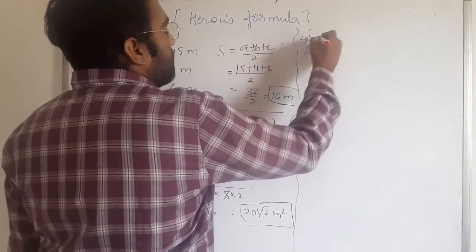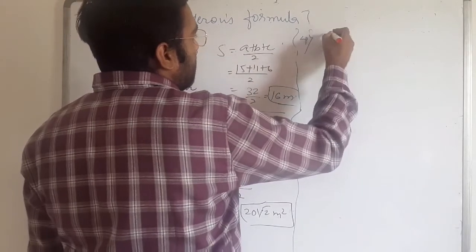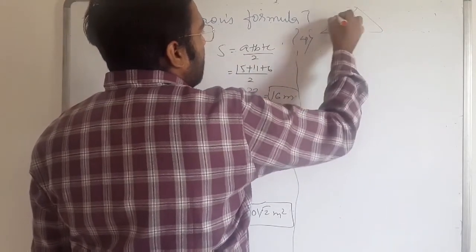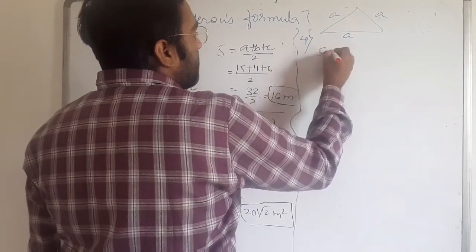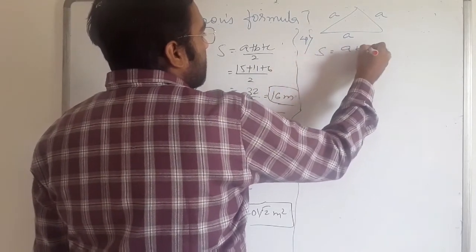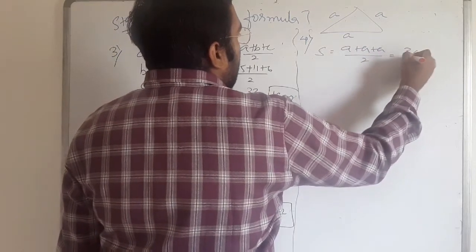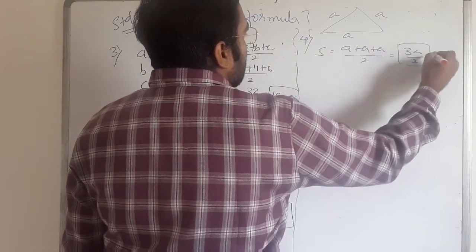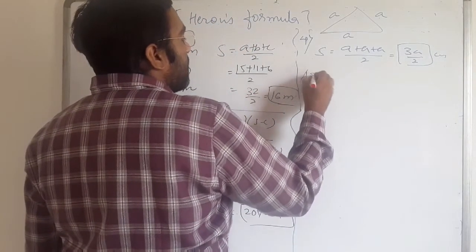Okay, so all three sides of the triangle are a centimeter: a, a and a. So my semi-perimeter is (a plus a plus a) by 2, that is 3a by 2 centimeter. Now we have to find the area.